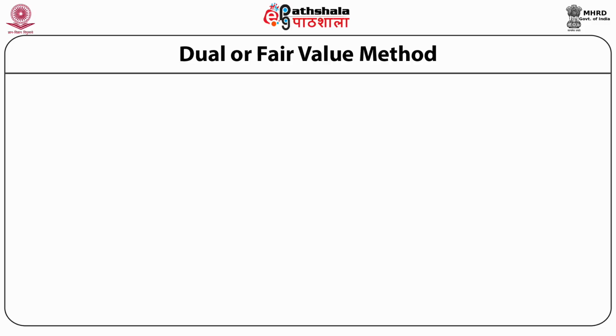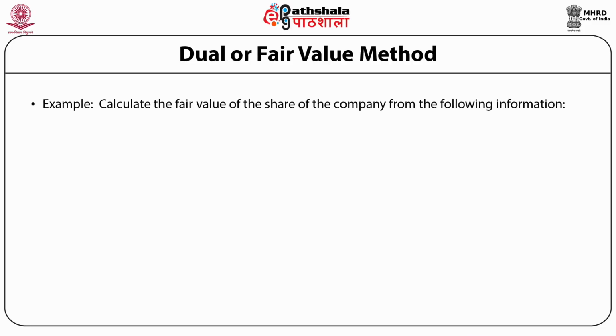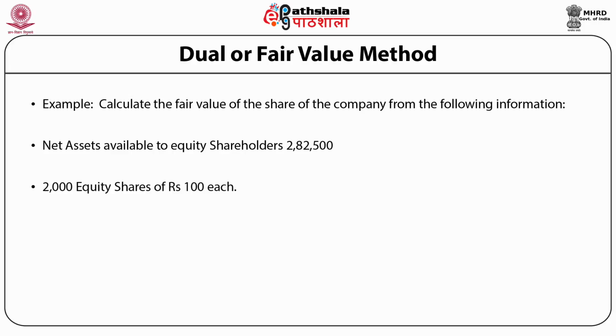Example: calculate the fair value of share of the company from the following information. 1. Net assets available to equity shareholders rupees 2,82,500. 2. 2,000 equity shares of rupees 100 each. 3.